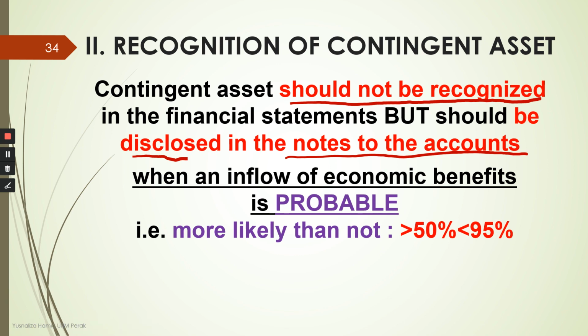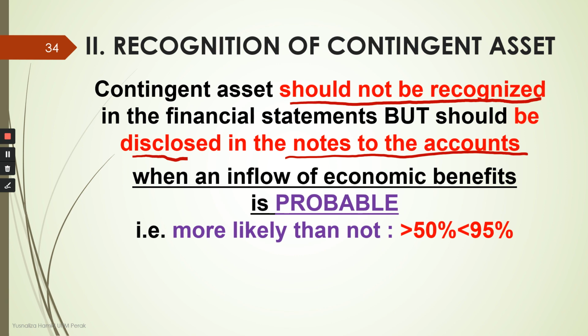We disclose when the inflow of economic benefit is probable. Meaning to say that the chances that the outcome would happen is more likely than not. So for a contingent asset, it is going to be probable if the chances are more than 50%.